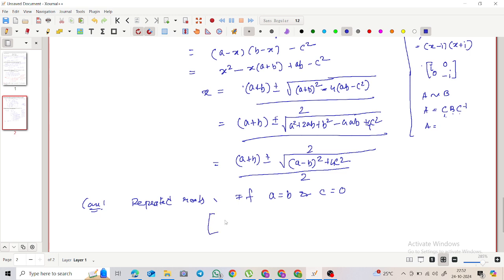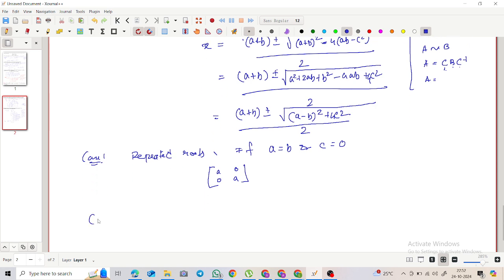So the matrix itself is a diagonal matrix. In case 2, if it has not repeated roots, I mean, if it has distinct roots, then we are done.